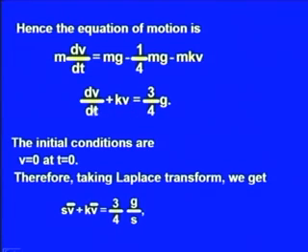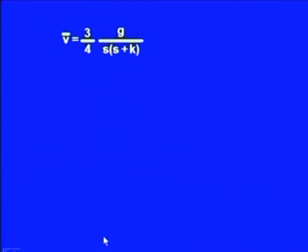When we take the Laplace transform here, the Laplace transform of dv/dt will give us s v̄ − v0, v0 is equal to 0, and then k times v̄, and then 3/4 into g, which is a constant, then L of 1 is 1/s. So, this is what we get after taking the Laplace transform of this equation, and we can then find v̄ from here. v̄ will give us 3/4 into g by s(s + k).